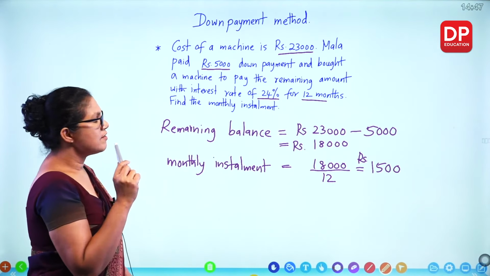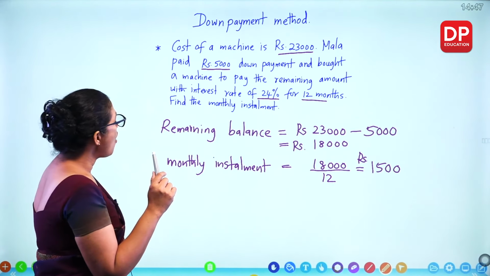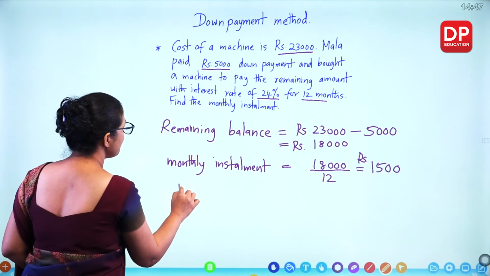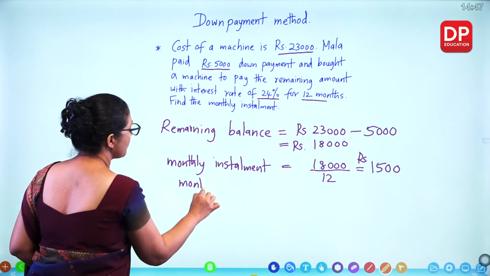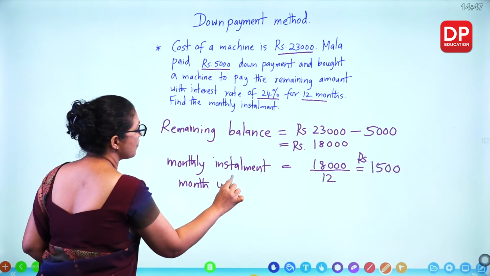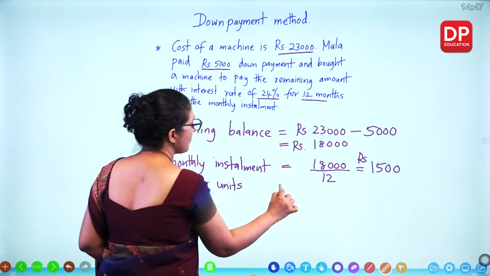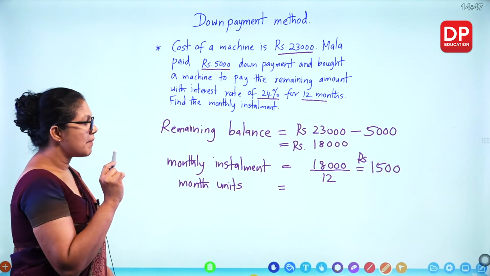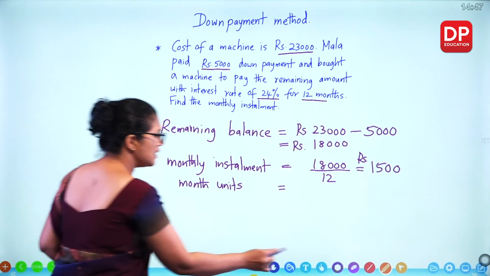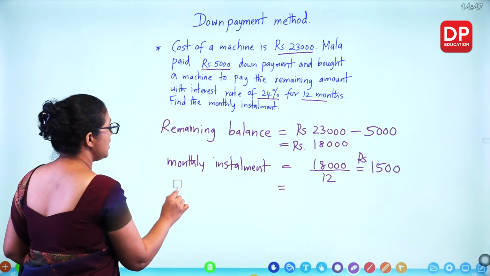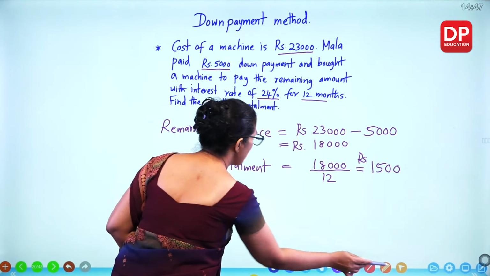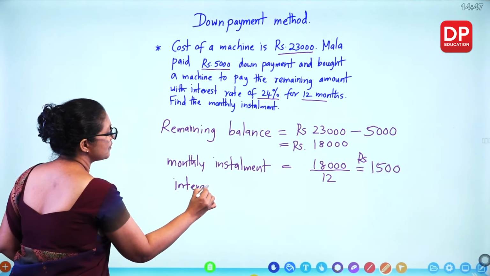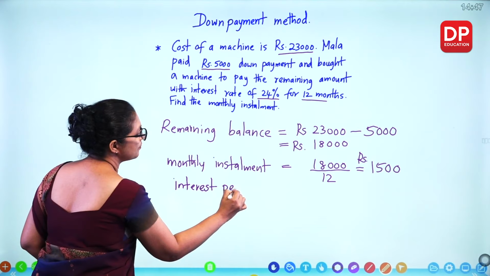So that's the monthly installment. So how many month units are there? So before we calculate month units, we need to calculate the interest per month.